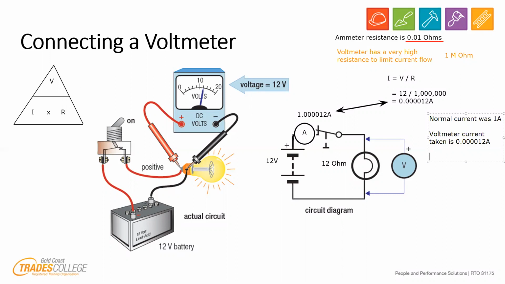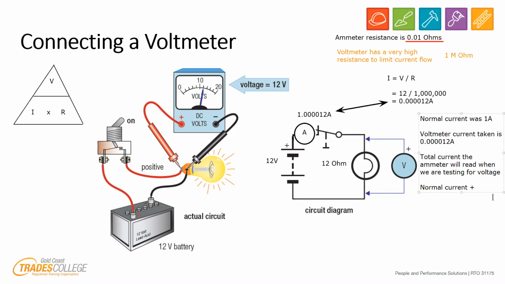So there's the current taken by the voltmeter. To work out the total current the ammeter will read when we are testing for voltage, at the bottom, we can say that it's the normal current plus the voltmeter current. Apologies for not being able to add that on one line. That is bugging me.